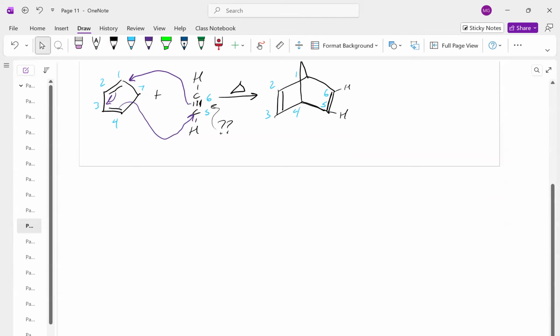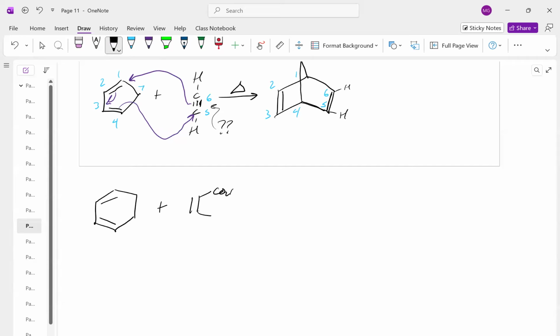All right, and let's do one more. This time we'll have the diene be part of a 6-membered ring. And we have a cis dienophile. So let's start with our template again. 1, 2, 3, 4, 5, and 6. And I'm going to call this one 7 and 8.